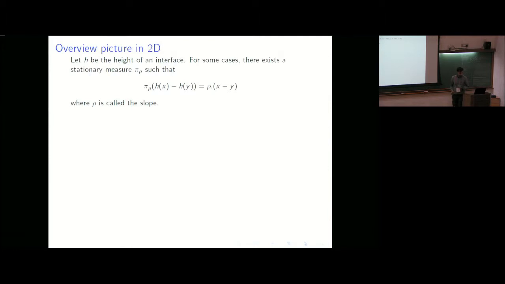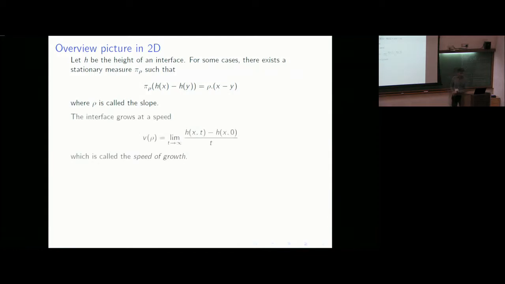If you go back to that video that we just had, you've got a height of the interface, and for some particular cases, just to motivate what's happening, you can look at the height between 2 different points, and this is given by the slope times the distance between the 2 points. And as we saw in the video, as you let time grow, your interface will grow.